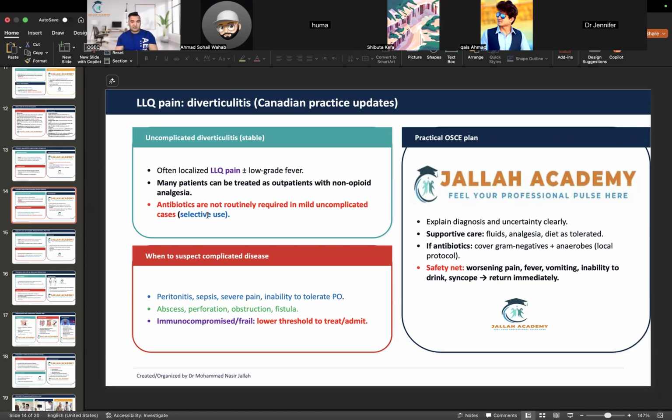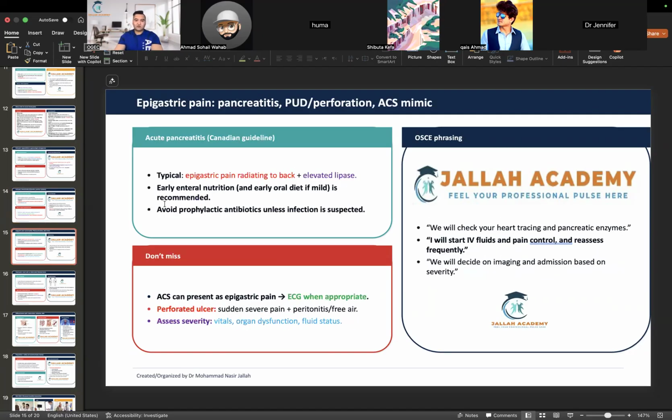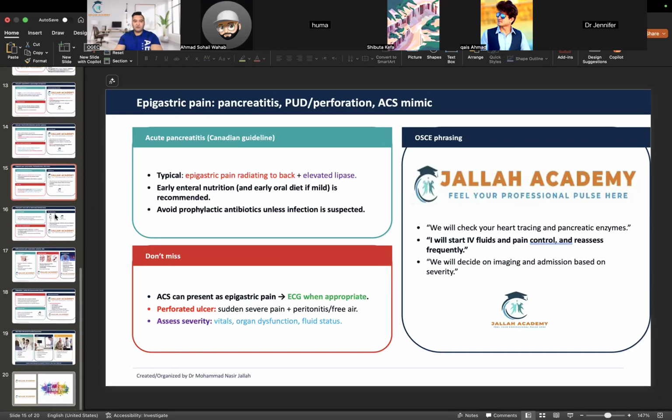For example, if your symptoms start to get worse, if the pain gets worse, if the fever is spiking, if vomiting is getting worse, or inability to drink or eat, or if you start to have syncope, then return immediately or go to the nearest emergency room. When you say this, again, you get 20 out of 20. You cannot discharge without saying all these steps: follow-up, and when the patient needs to come immediately back to you or the emergency room.